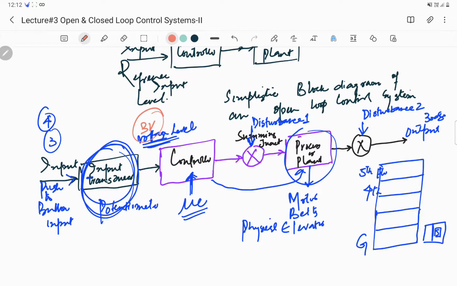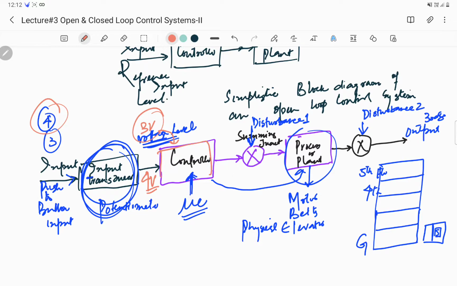So when the controller receives a 3 volt signal, it tells the process or the plant or the motor to move the lift or the elevator to the third story. Likewise, if we push button 4, it generates some voltage level, say for example 4 volts. When the controller receives this 4 volt signal, it tells the motor to move to the fourth floor, or it pushes the circuitry such that the lift has to reach the fourth floor.